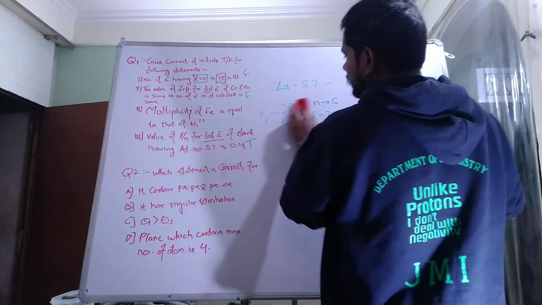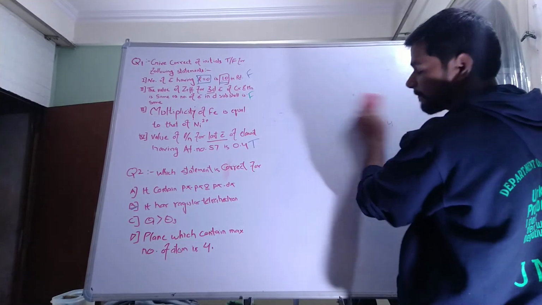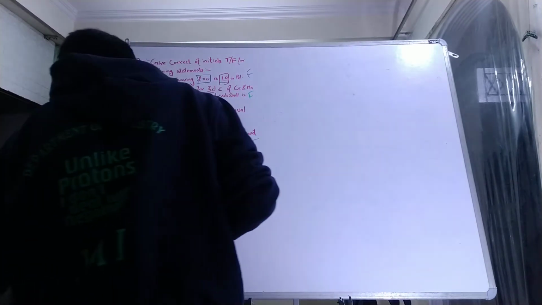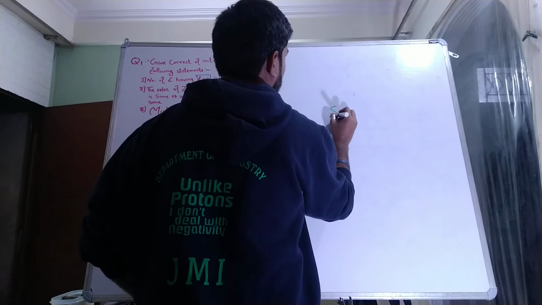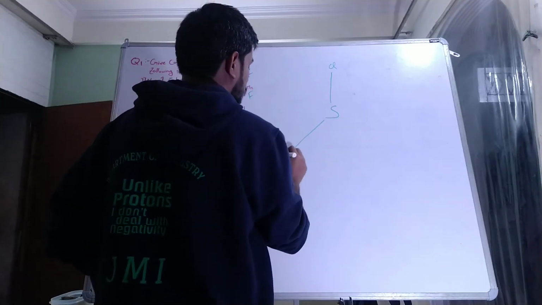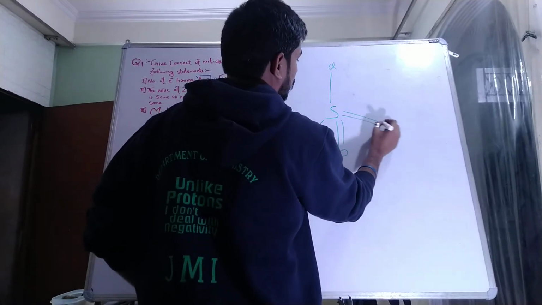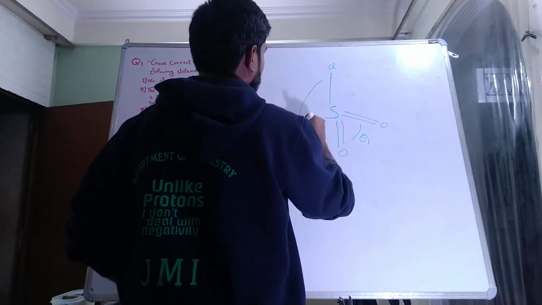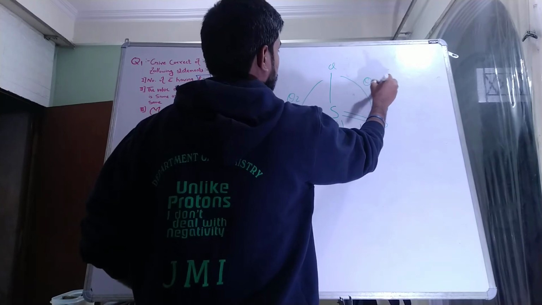In the second question, it is asked about the structure of SO2Cl2. The structure will be S with Cl single bonded, Cl single bonded, O double bonded and O double bonded. It has theta 1, theta 2, and theta 3.